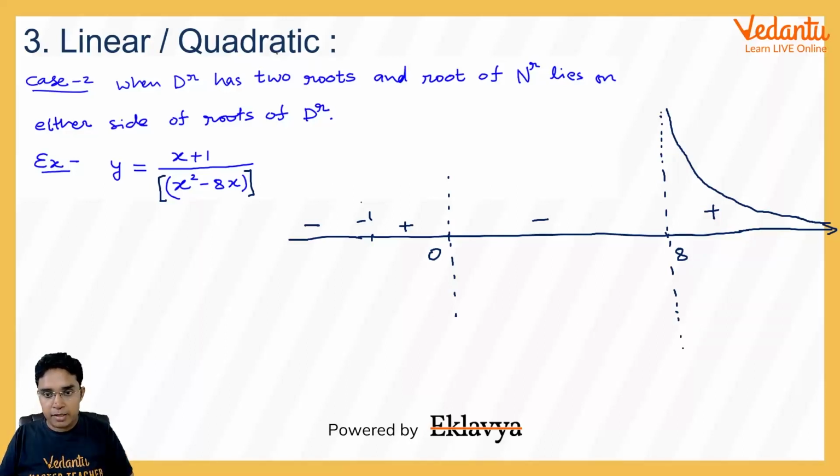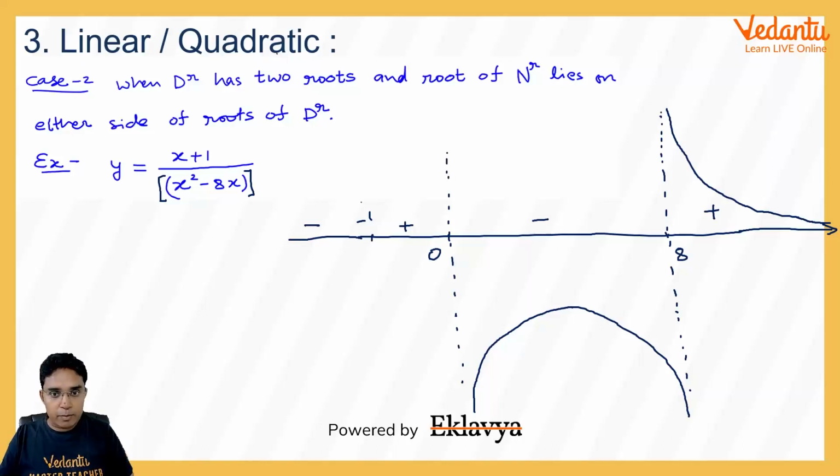Whereas between 0 and 8, because both are danger lines and in between there is no change of sign, the graph will look like this. This point of maximum may not lie exactly in the middle between 0 and 8, though it may, but it depends upon the other roots as well. Now coming to the left of 0.